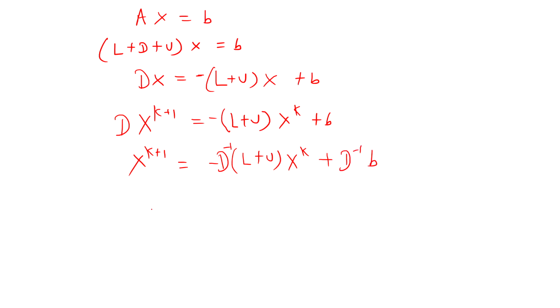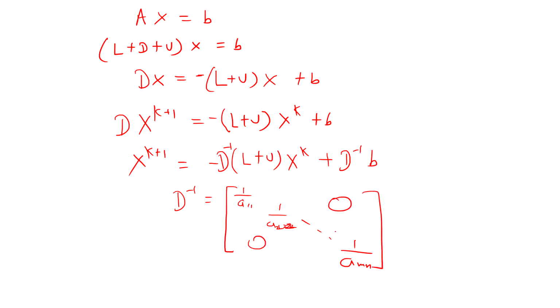D inverse is nothing but 1 upon a11, 1 upon a22, up to 1 upon amn on the diagonal, with zeros elsewhere.